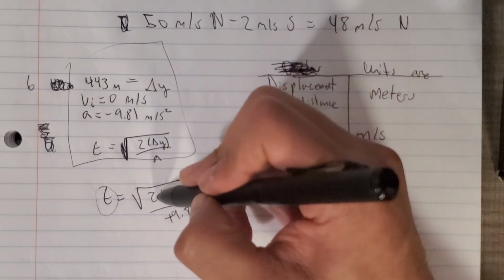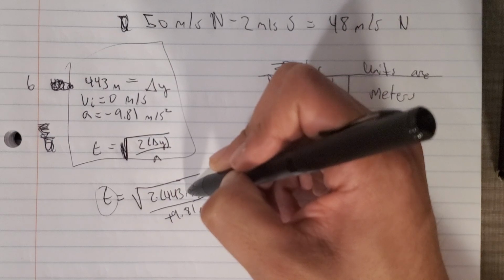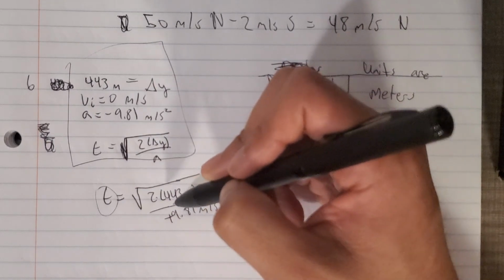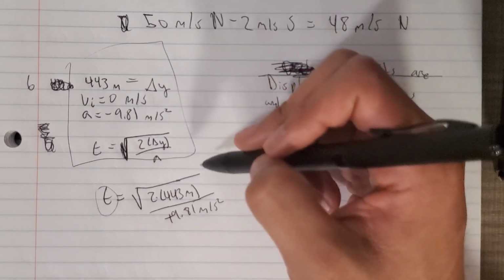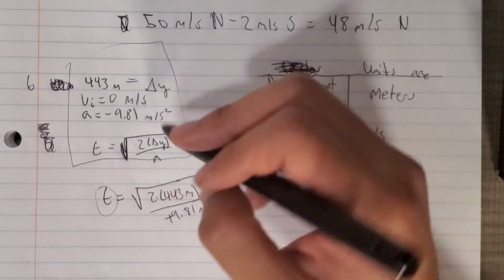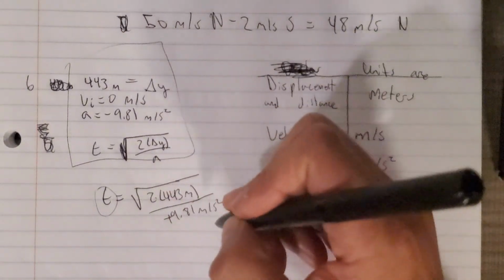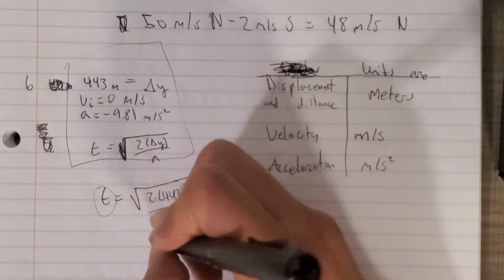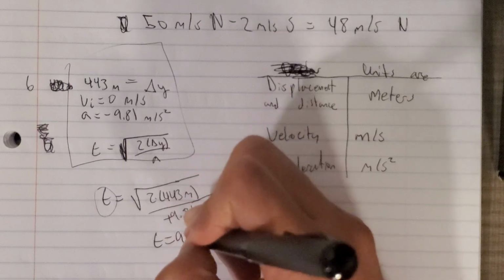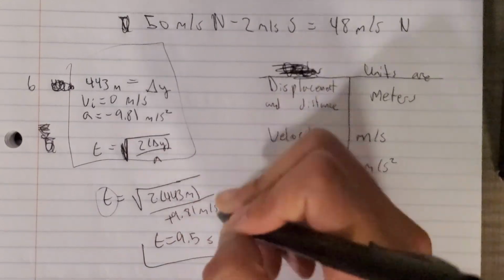So we multiply 2 times 443, then divide that by 9.81, and then we square root it. And we should get this t should equal 9.5 seconds.